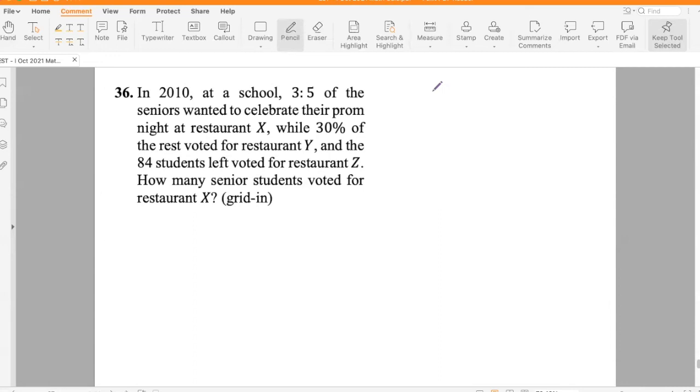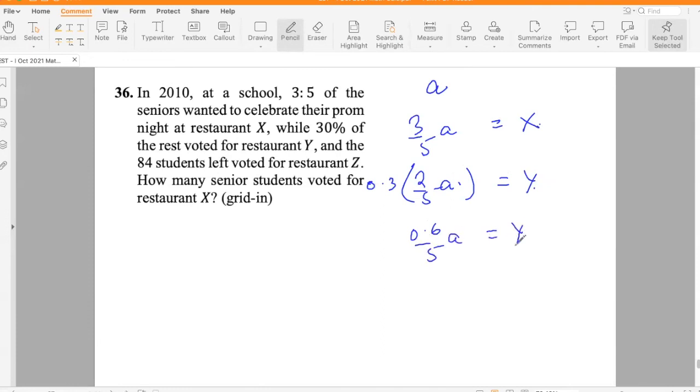Okay, so let the number of senior students be A. Then 3/5 of A wanted to vote for X. 30% of the rest: the rest is 2/5 of A, and 30% of that voted for Y. So that's 0.3A... wait, no, that's not correct. 0.3 times 0.4, yeah, 0.12A is Y.